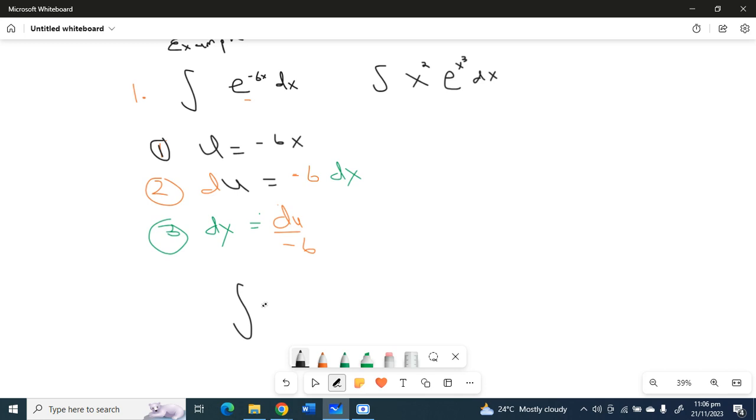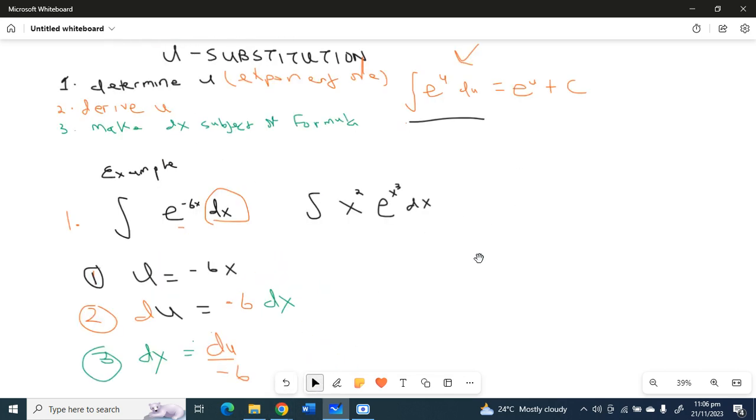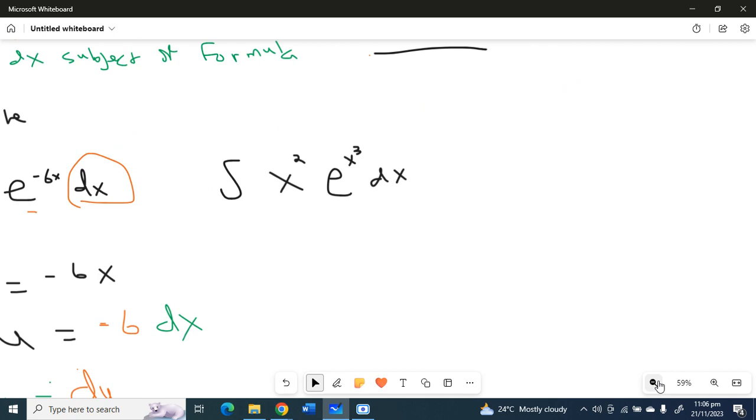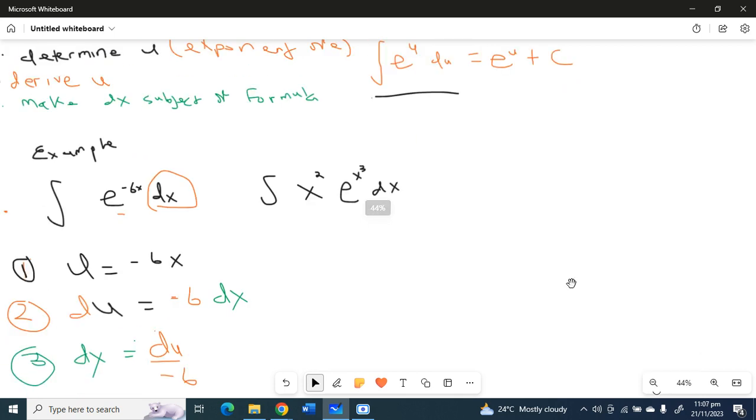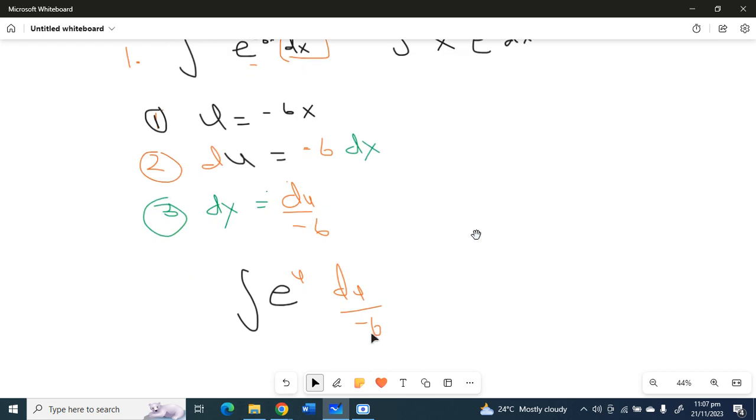Integral of e^u, and this dx, we substitute with du over negative 6. Now, as you could see earlier on, our standard format is e^u du, which is here. So we need to get rid of this negative 6.